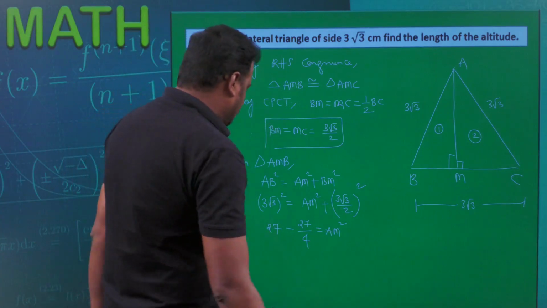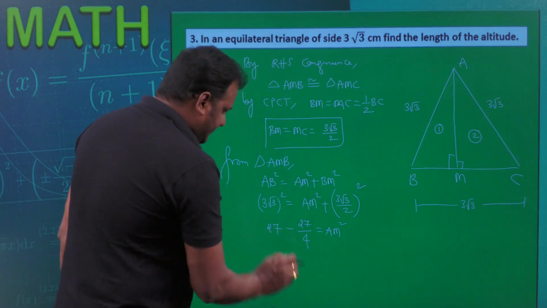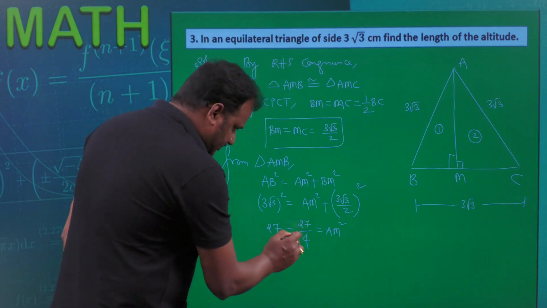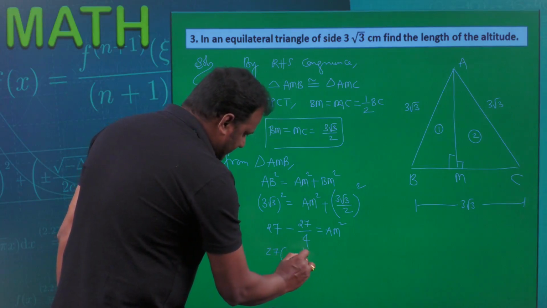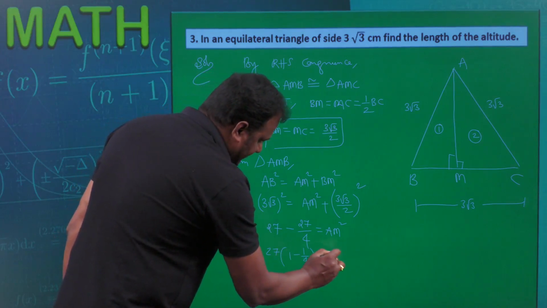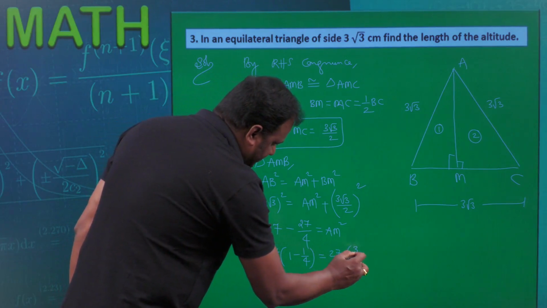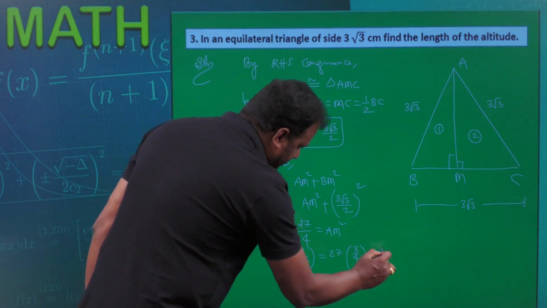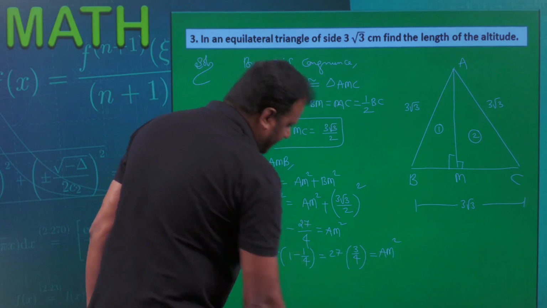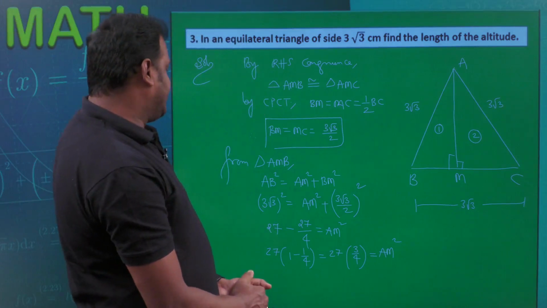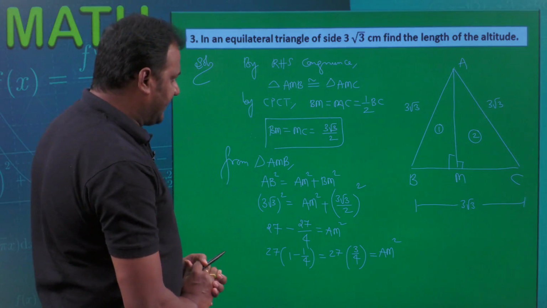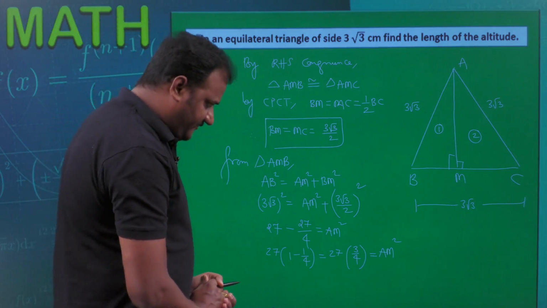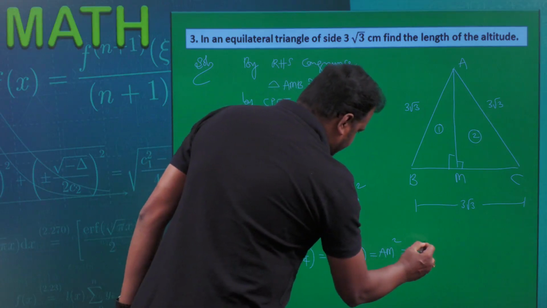Take 27 common: 27 into 1 minus 1 by 4, which is 3 by 4, equal to AM square. So AM square is equal to 27 into 3 by 4. 27 3s are 81, so 81 divided by 4 is AM square.